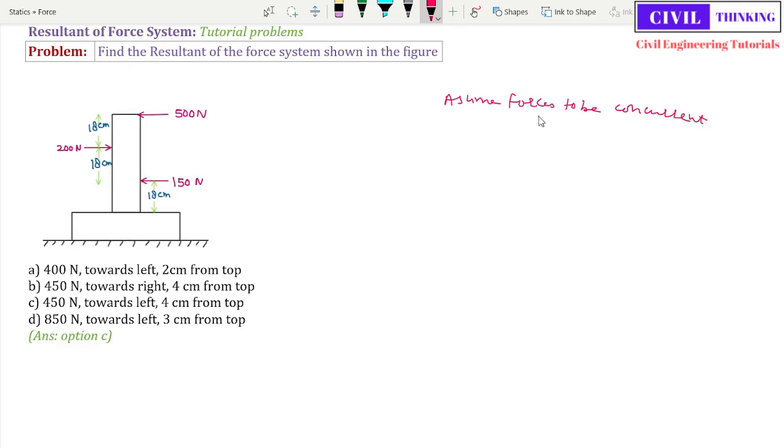This will give us the magnitude of the resultant, right? Then we will add all the forces, it will give us the resultant. Okay, then we have to find the exact location. Now the location is found using Varignon's theorem.